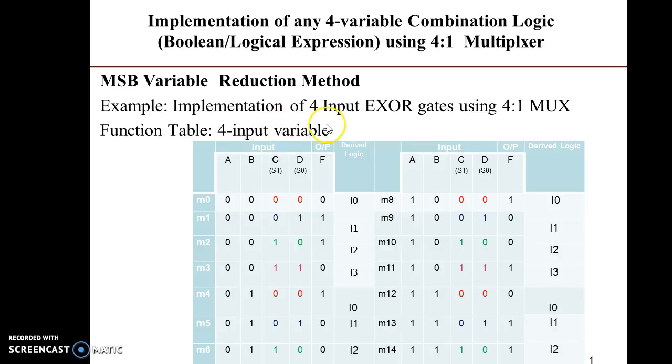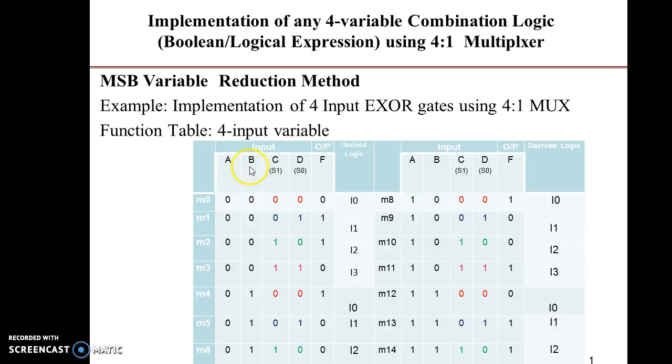Here I consider the same problem statement, the realization of a 4-input XOR gate using a 4:1 multiplexer as a basic building block. So this is nothing but the function table of the 4-input XOR gate, the same as we discussed in the previous slide.